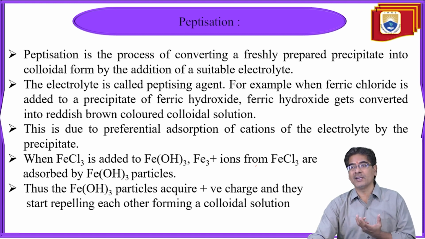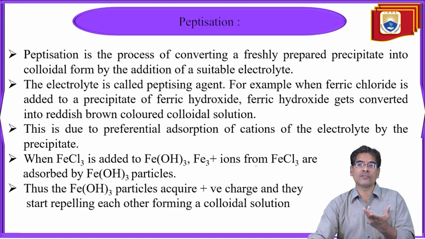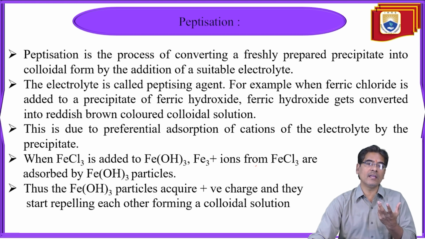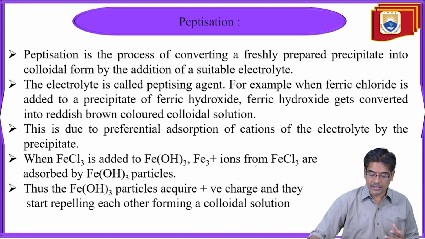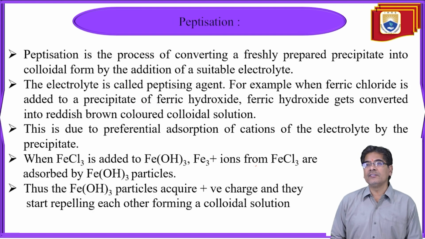For example, when ferric chloride is added to ferric hydroxide, the Fe3+ ions are adsorbed by ferric hydroxide particles, which acquire positive charge and start repelling each other, forming a colloidal solution.